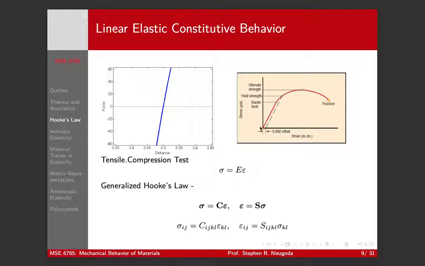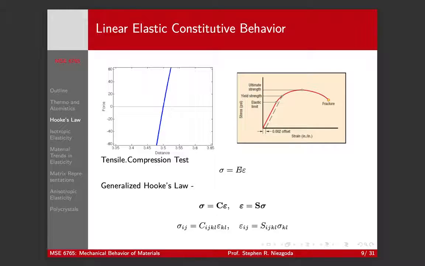We follow the same path down. We have this linear elastic region in our material. So in 1D, we would say that the stress is equal to the Young's modulus times strain, right, or stress over strain. The slope of our stress-strain curve is our Young's modulus.